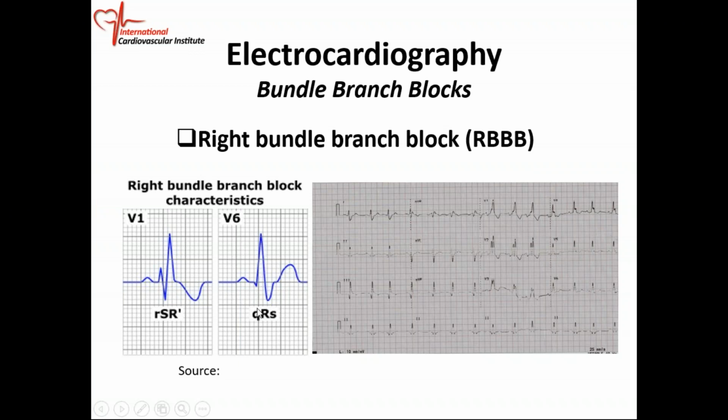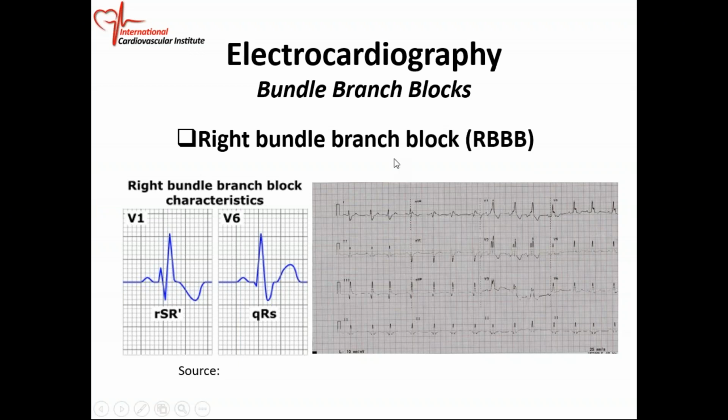The R is big, so you get a capital R. The S is small, so a lowercase s. So this is your classic right bundle branch block. So in V1, you have your R prime. Remember that the R is usually smaller than the R prime. Or if you look in V6 you get a small q, a big R, and a small s.